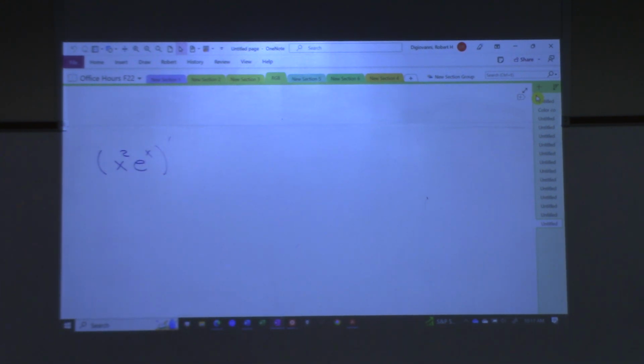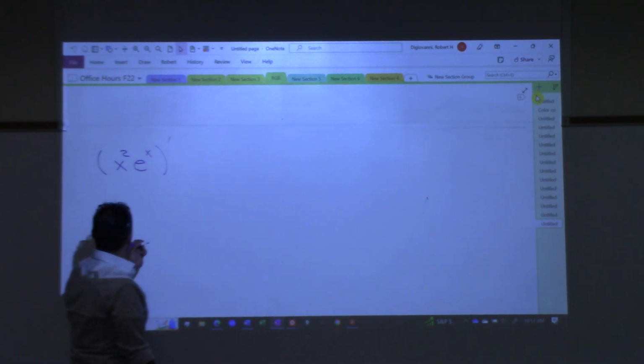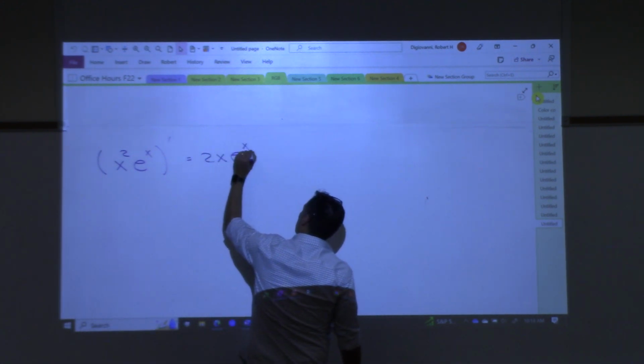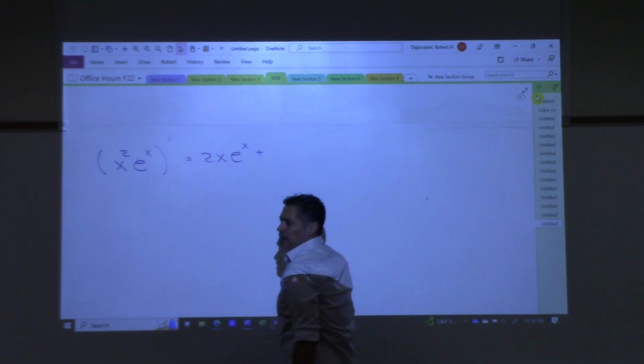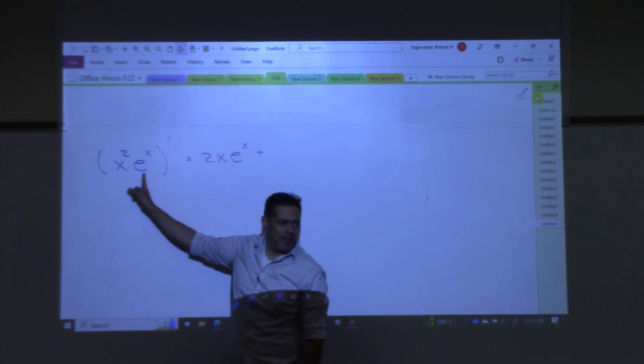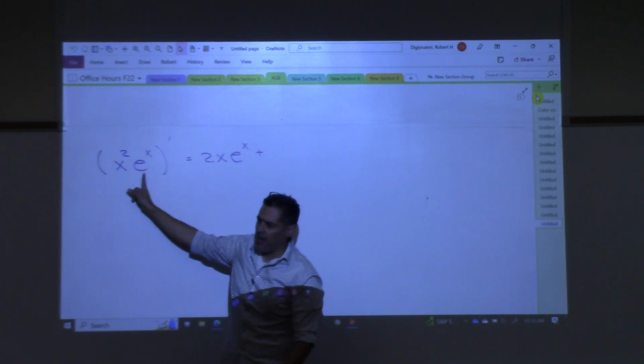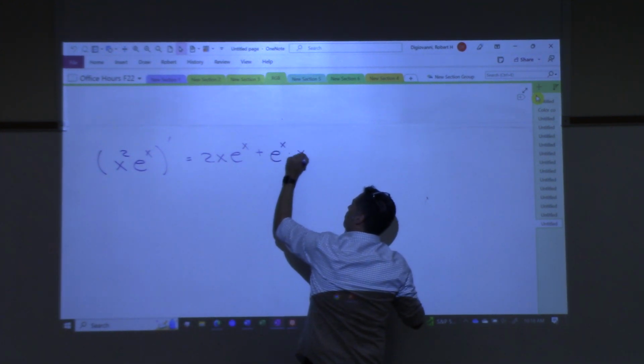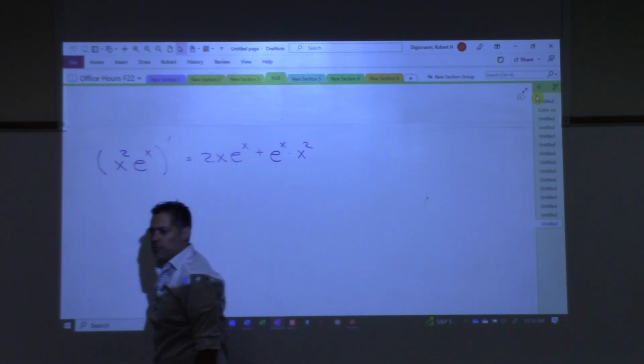What are you going to need there? Product rule, right? Derivative of the first times the second plus, what's the derivative of the second one? What's the derivative of e to the x? E to the x, right? Nothing else. Just e to the x, that's it, you're done. Times x squared. There's your product rule.